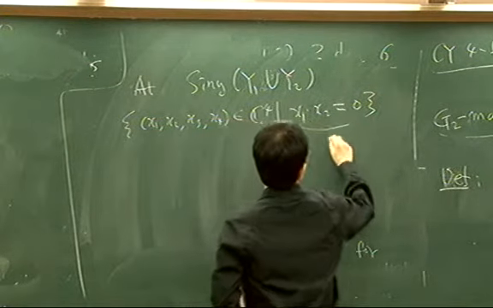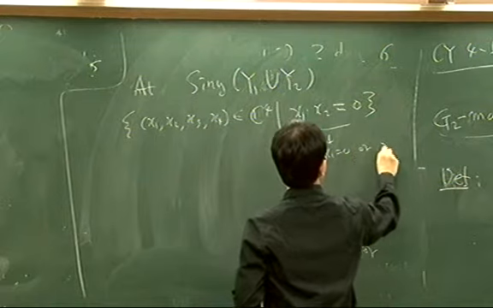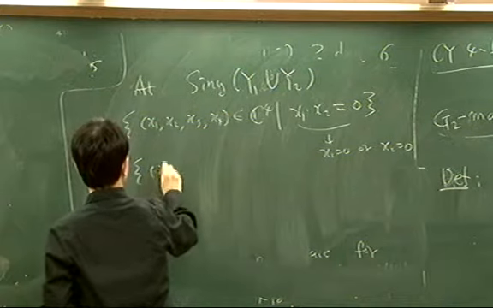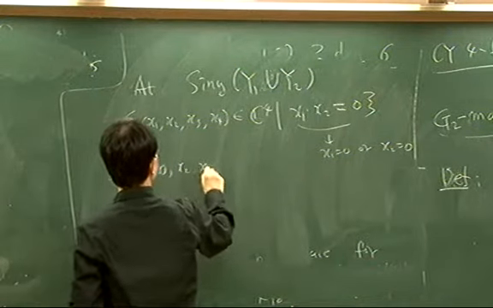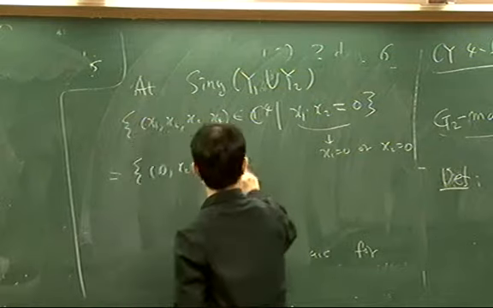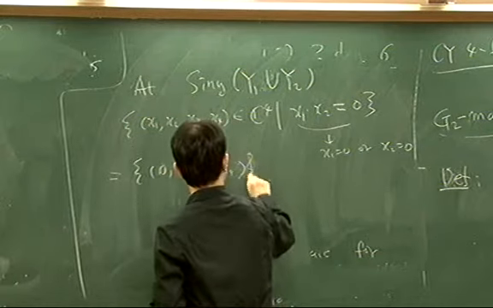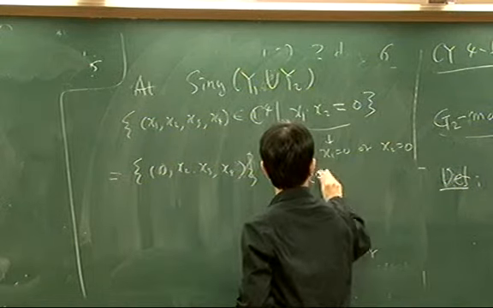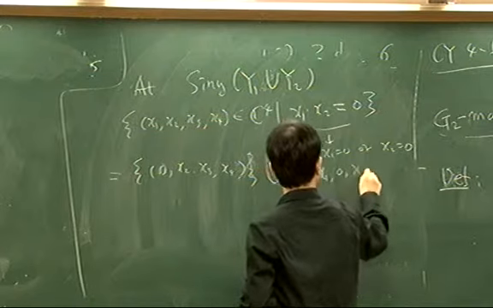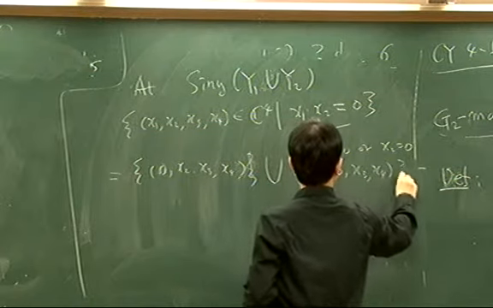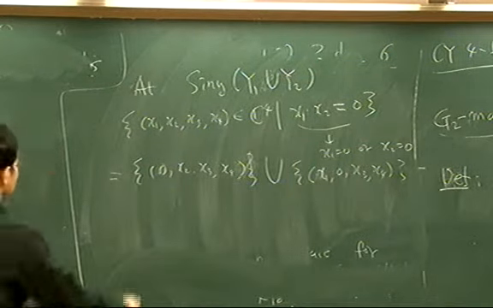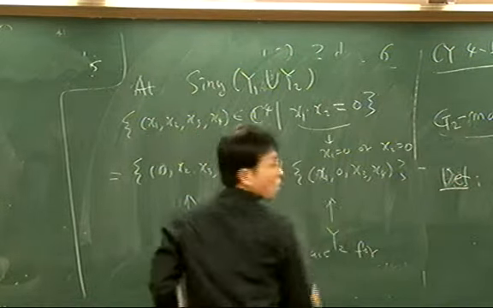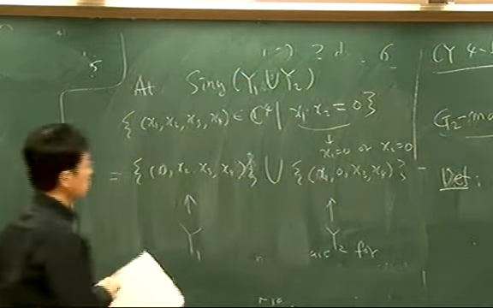This is equivalent to x1 equals 0 or x2 equals 0. You can think of Y1 as the locus (0, x2, x3, x4) and Y2 as (x1, 0, x3, x4) locally.